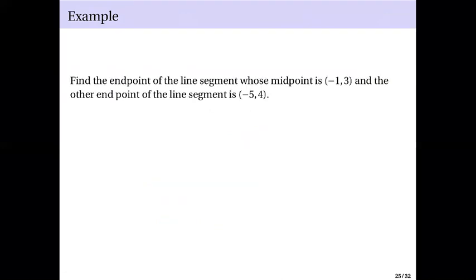Now, let us do some more not so easy problems. Find the endpoint of the line segment whose midpoint is negative 1, comma 3, and the other endpoint of the line segment is negative 5, comma 4.